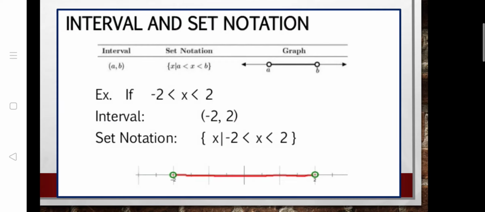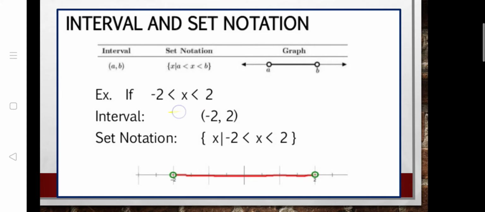So for example, suppose we have this interval. So x is greater than negative 2 but less than positive 2. What does it mean? It means that the possible values of x are between negative 2 and positive 2. Negative 2 is not included and positive 2 is not included because of our inequality symbol.